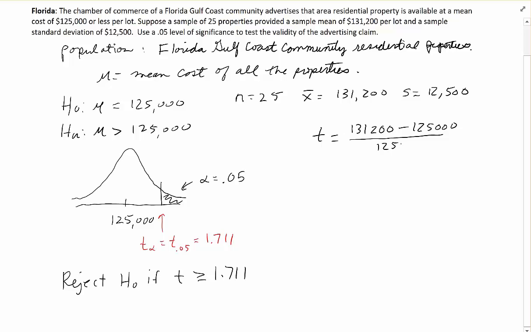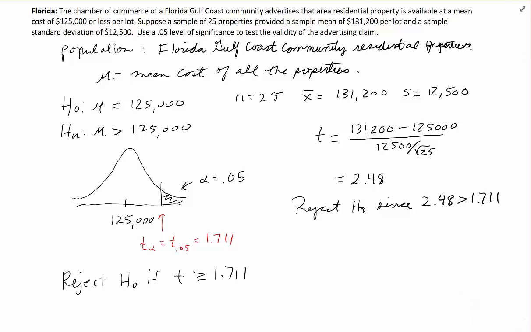So to get that, I'm going to take the sample standard deviation of 12,500 and divide by the square root of the sample size. Now that value calculates out to 2.48. So I'm going to reject H sub 0 since 2.48 is greater than 1.711.